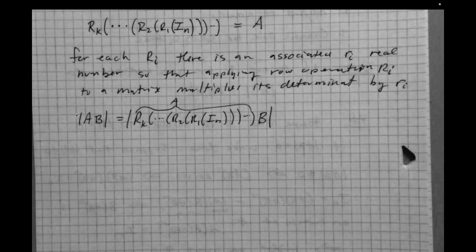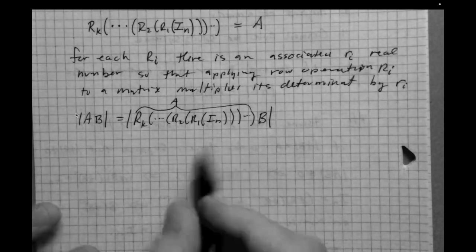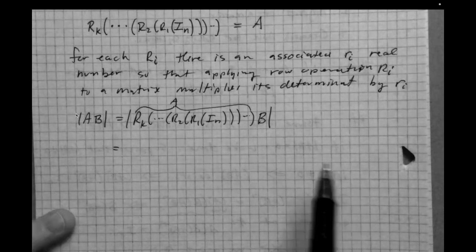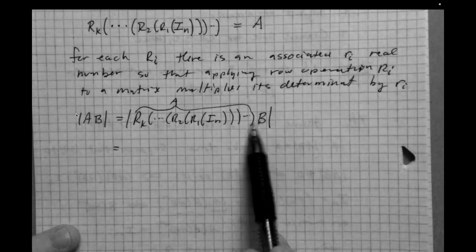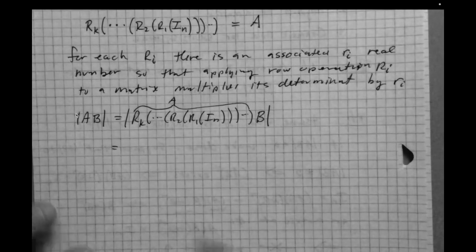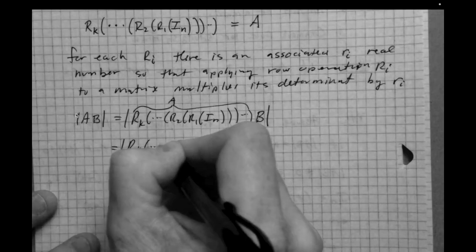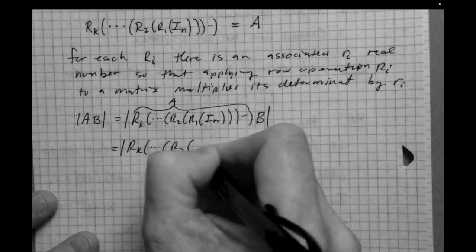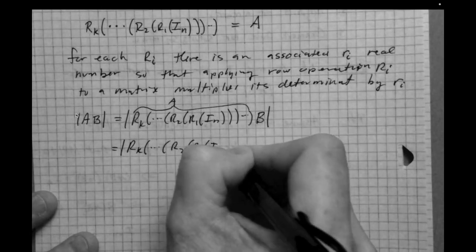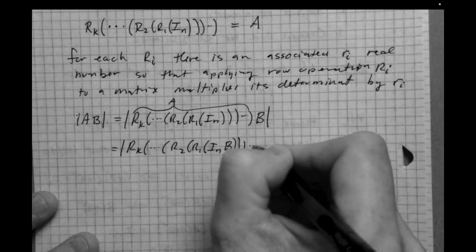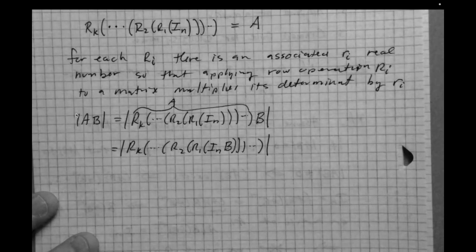All right, no problem. And there's a theorem that we had earlier in the course that said it was possible to move matrices inside of row operations like this. And so this is really RK dot dot dot R2 R1 times the identity times B. Now where does this come from?